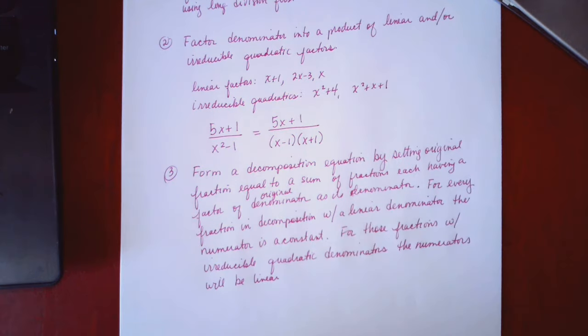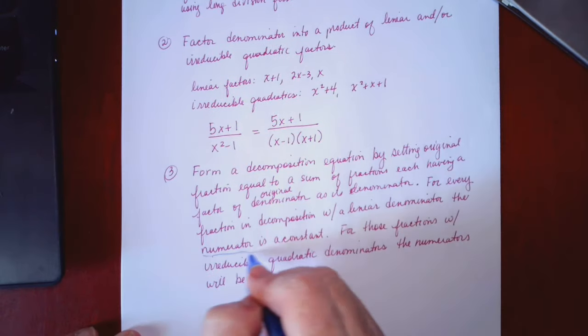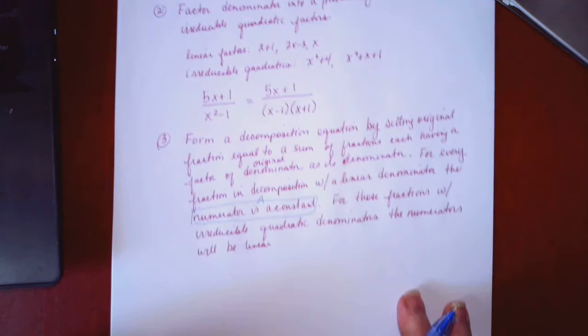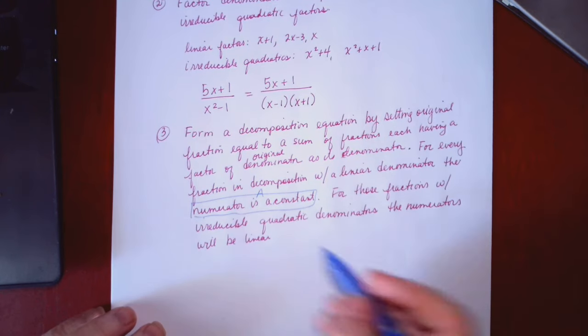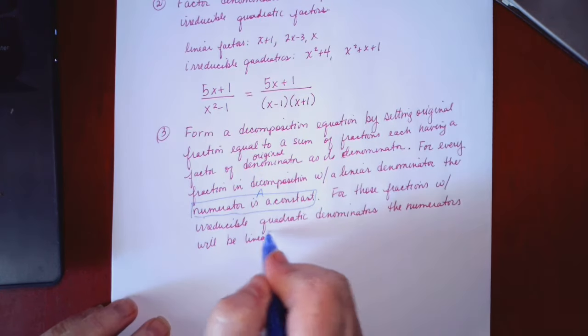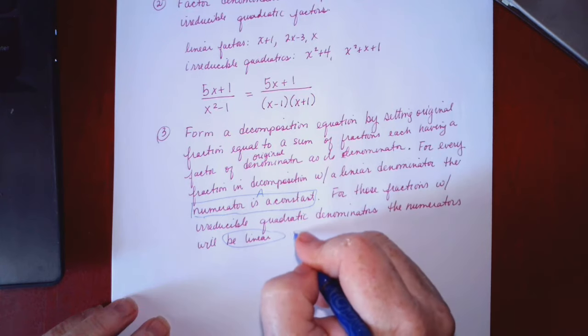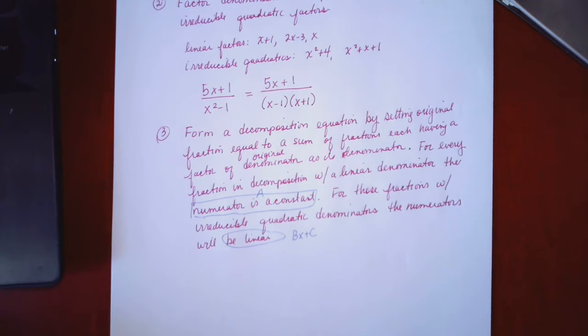And when I say that the numerator is a constant, I mean it's just a number, like A or B or C or whatever. And if the numerators are going to be linear, those would be something like Bx plus C, for example.